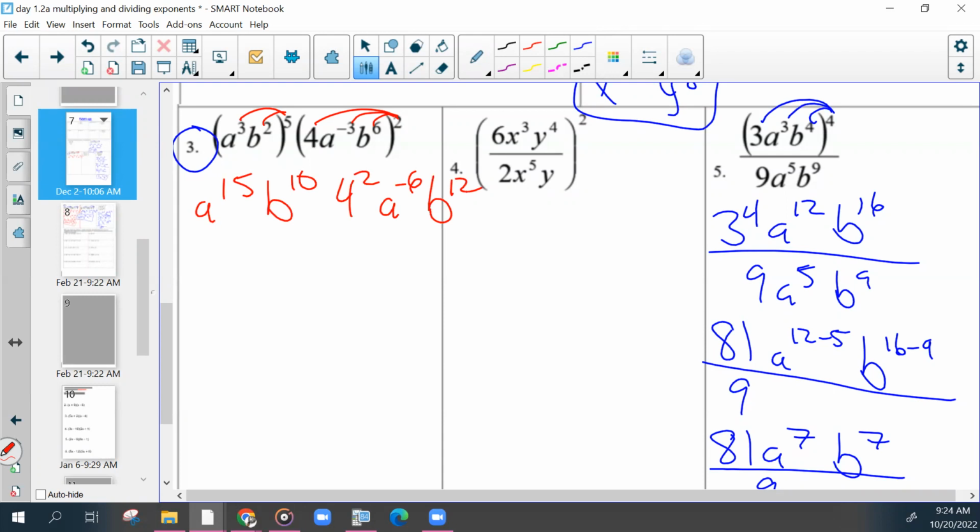And then the next row, let's move the 4 square to the front and figure out what that is, and then start combining our A's and B's all at the same time.